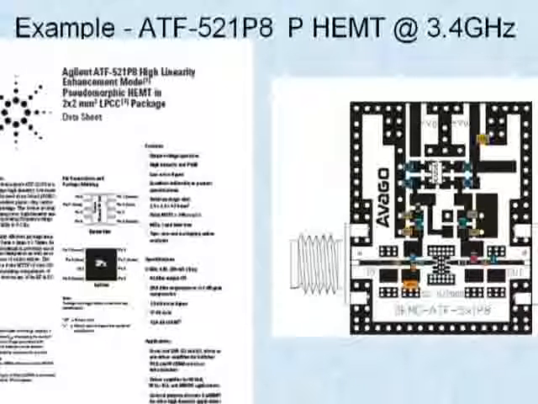This is a transistor. It's a PHEMT, the sort of thing that Sam uses in his amplifiers, but in a slightly different package. And I'm going to look at the S parameters of this device and show you with a computer how you can work out some of these things and try and relate these S parameters to things that you want to measure. So I'm going to run up another program now, so let's hope this works.